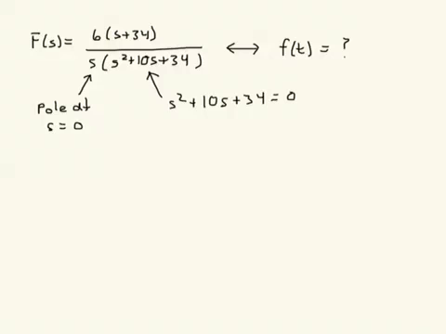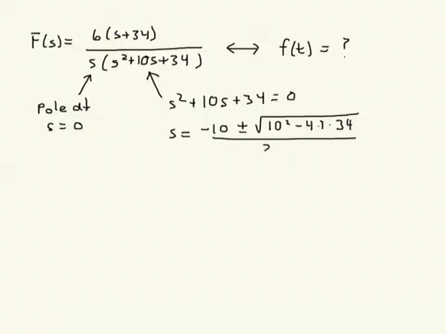So we can use the quadratic equation to solve for those roots, and that will give us s equals minus 10 plus or minus the square root of 10 squared minus 4 times 1 times 34, over 2 times 1.